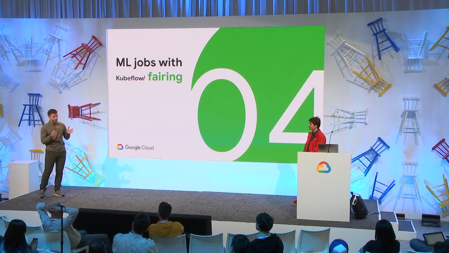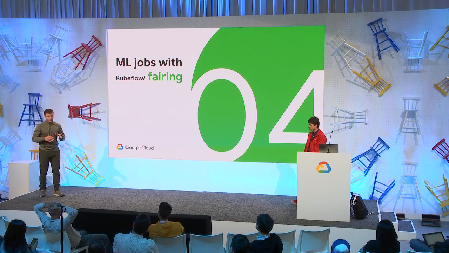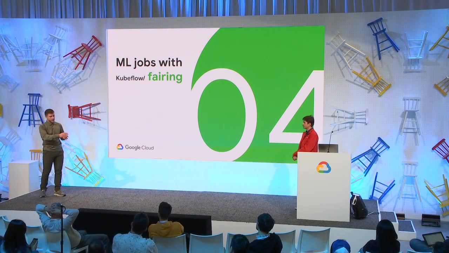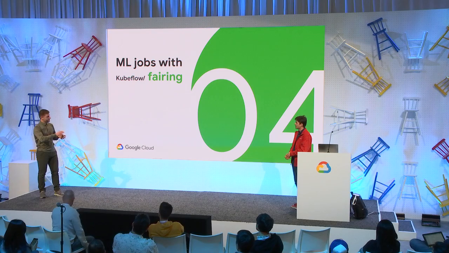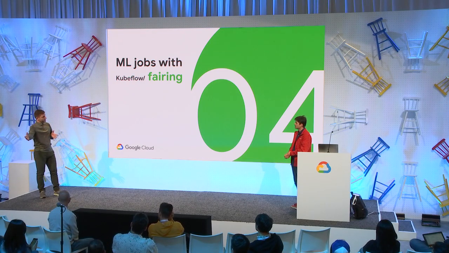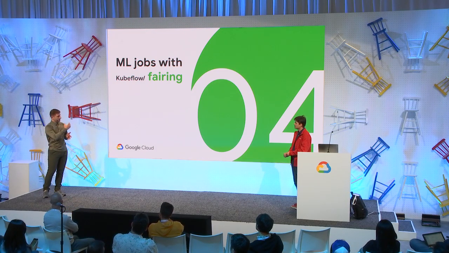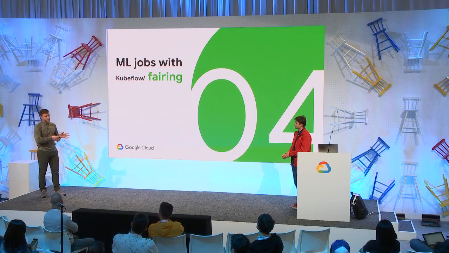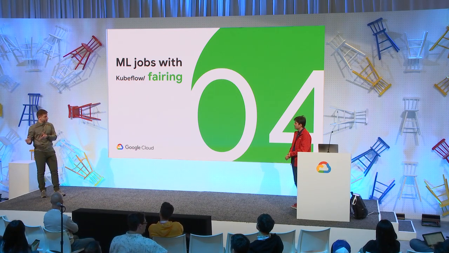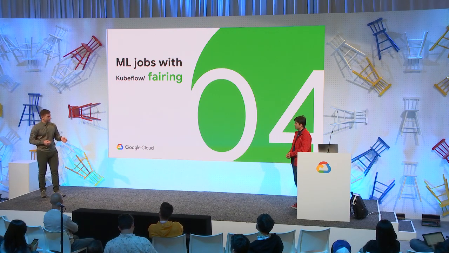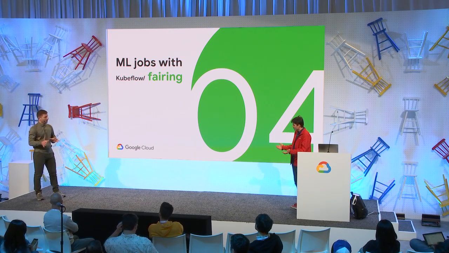So we have a lot of Terraform scripts, Ansible scripts that provision the machines, install necessary environment variables, drivers, and so on, and then take a Docker container, run the job out of the Docker container, and save the model to the cloud storage. And that took us a lot of effort to build, and it would be nice if it comes out of the box, or almost out of the box.